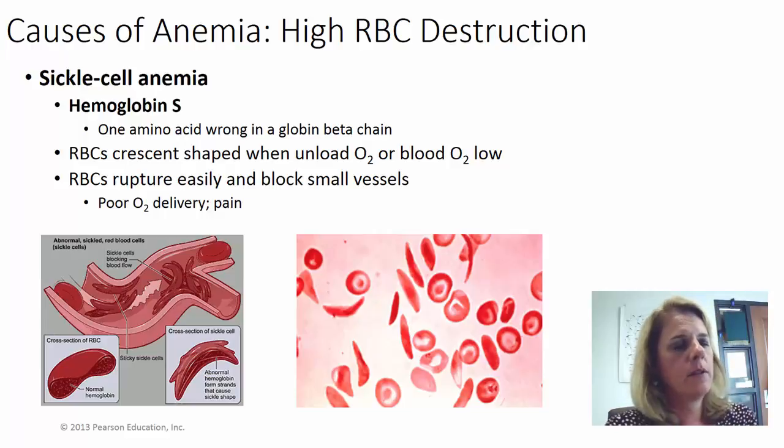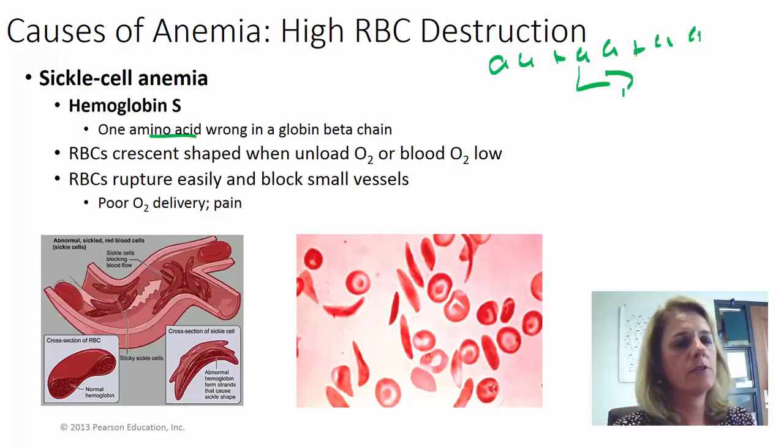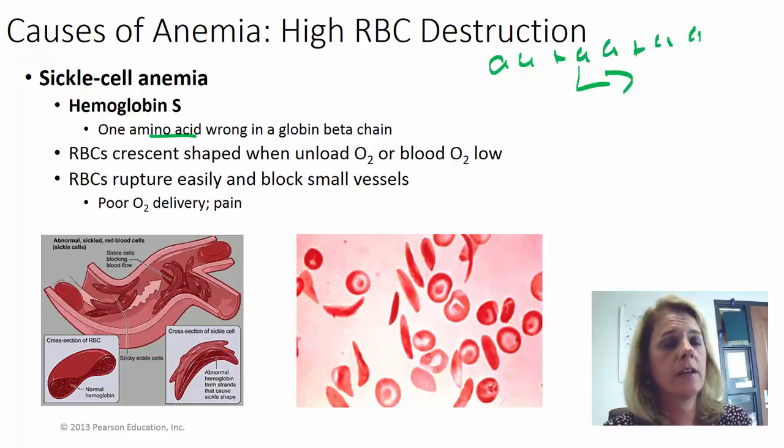Another one, high red blood cell destruction, is sickle cell anemia. And so on this one you have something called hemoglobin S, where one of those beta chains is just one amino acid off. So if you remember, you take an amino acid plus an amino acid plus an amino acid, and that gives you those polypeptide proteins. And based on the way they're charged, that causes those globins to form those balls.